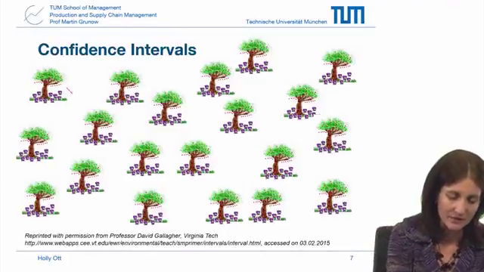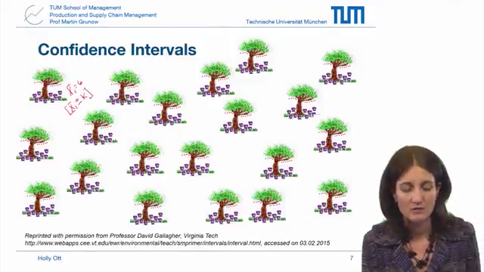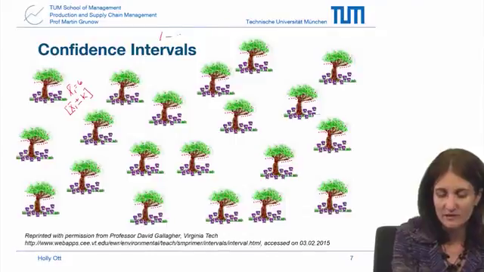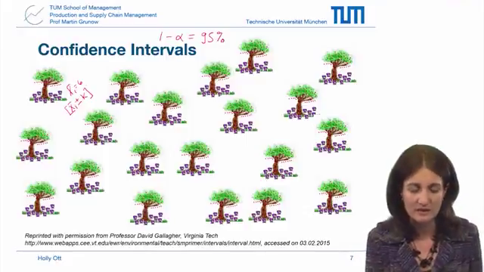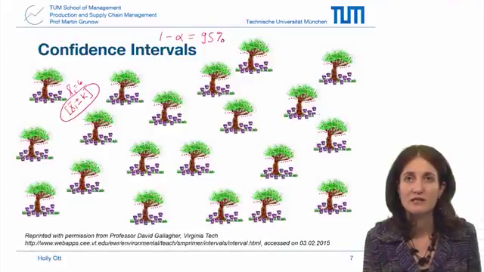So we had the example here: tree number 1, x bar equals 6. What we want to do is to create a confidence interval such that from our x bar plus or minus a given constant k, we can be 1 minus alpha equals 95% confident that our true population mean lies within this interval.